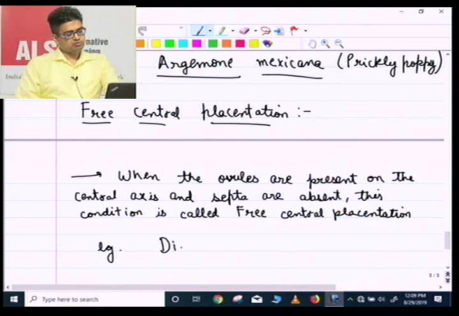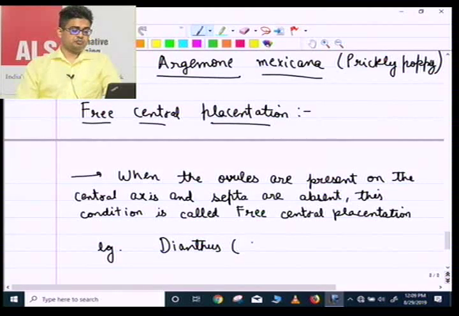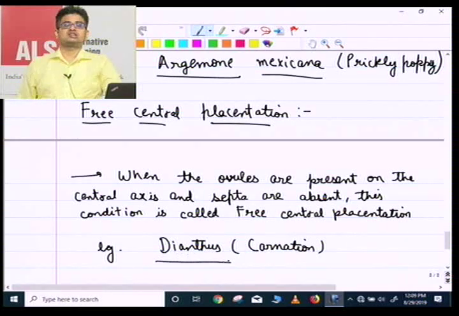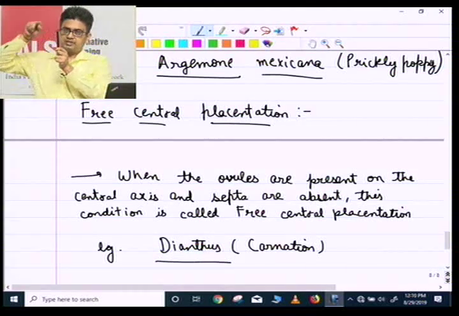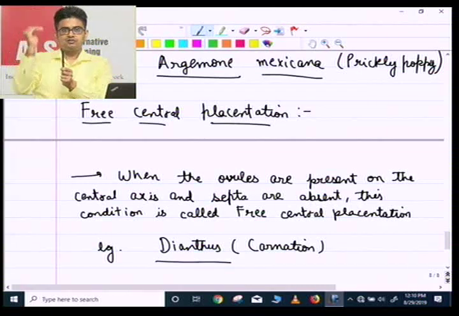Dianthus flowers, do you remember? What is dianthus? Dianthus is carnation. Maybe you have seen these flowers, very beautiful flowers. Carnation flowers also have a very particular condition called the caryophyllaceous corolla. In this, the corolla is present at an angle of 90 degree. It forms a 90 degree hood.